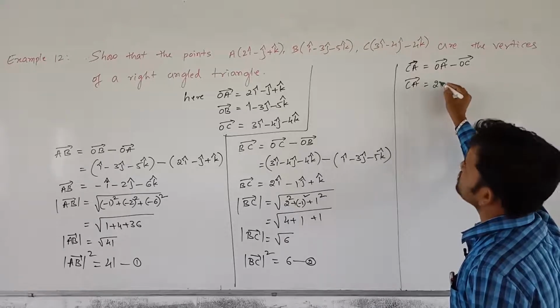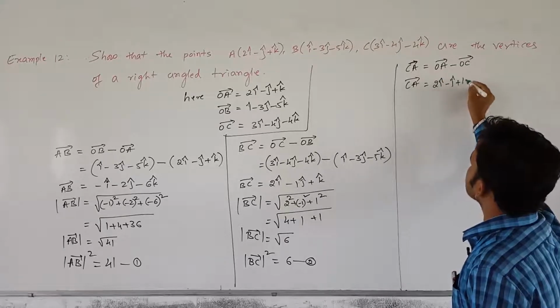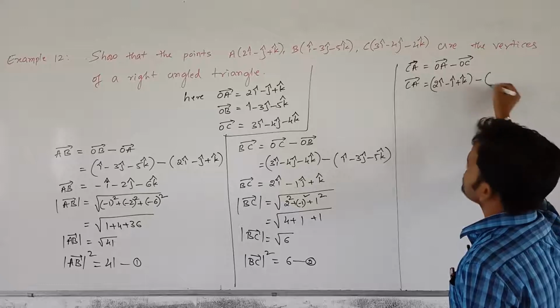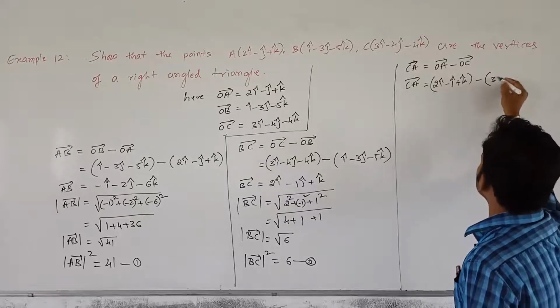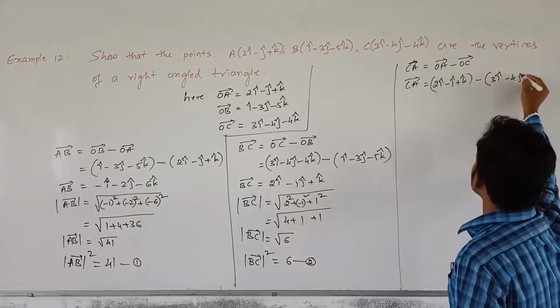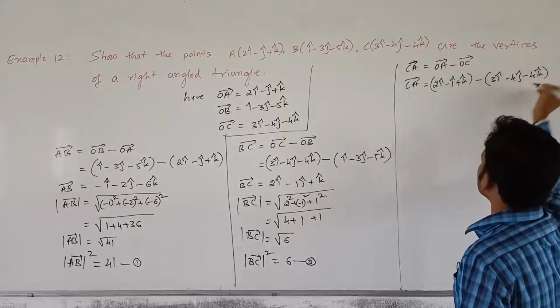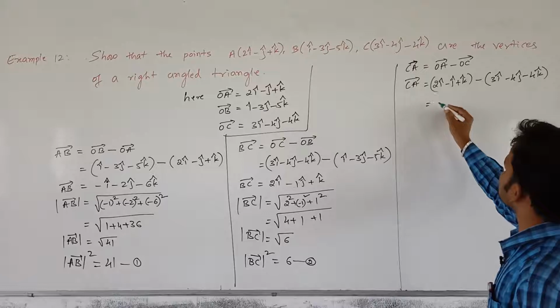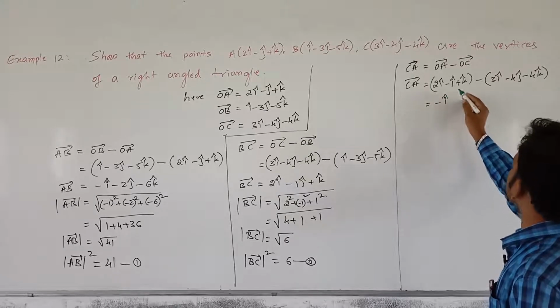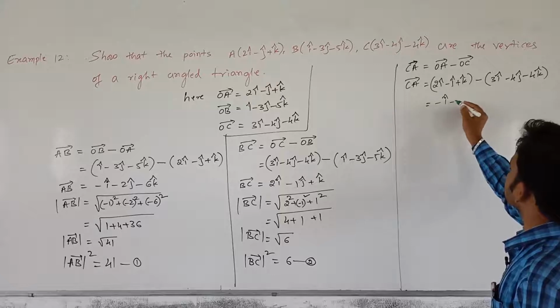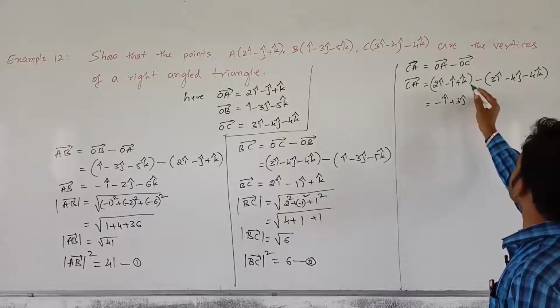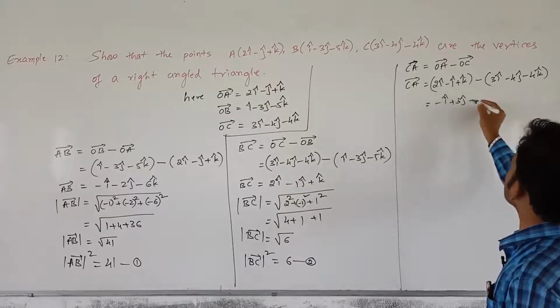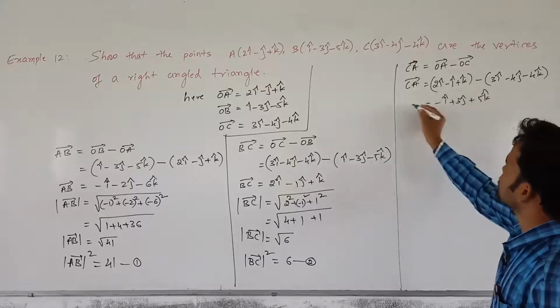OA is 2i minus j plus k, minus OC, which is 3i minus 4j minus 4k. Subtract: 2 minus 3 is minus i, minus j plus 4j is plus 3j, k plus 4 means plus 5k.